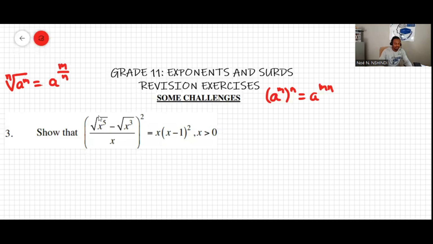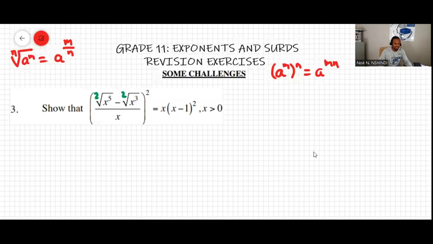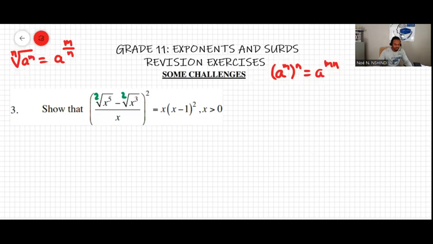So over here, when you don't see any index, understand that it's just 2. So we can rewrite it in exponential form as x to the power of 5 over 2 minus x to the power of 3 over 2, all over x, all raised to the power of 2.